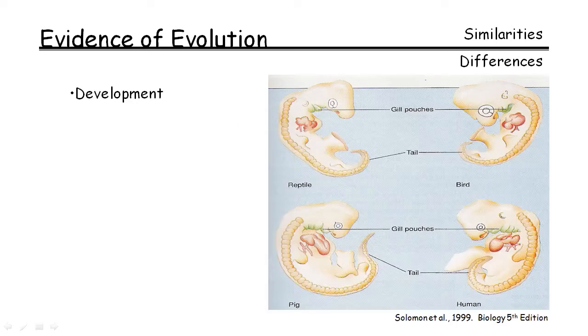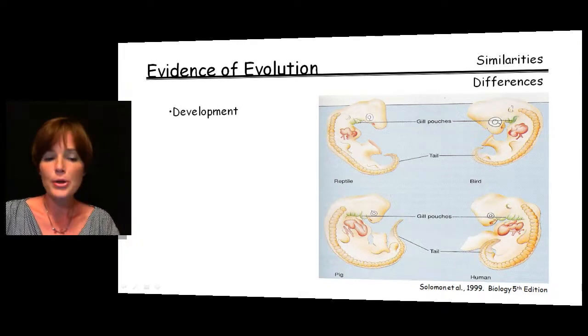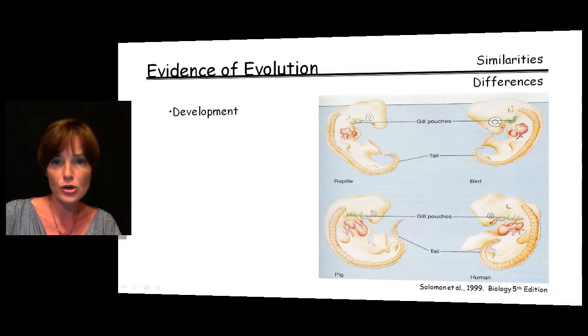We can also see a lot of similarities when we look at development. So if we look at early embryo development, if we compare a reptile, bird, pig, human, if you look at these pictures here, they're very similar to each other when we look early in development. All of them have a tail, so even the human embryo has a tail present in it.